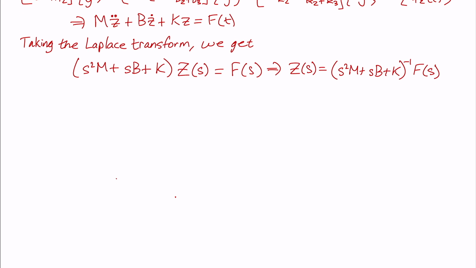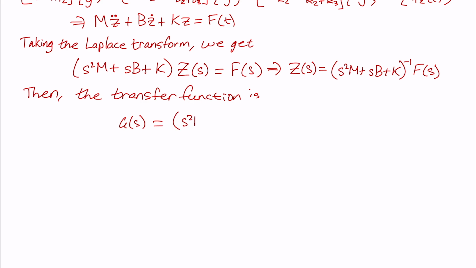And then the transfer function g of s is equal to s squared m plus s times b plus k, the inverse of all of that.